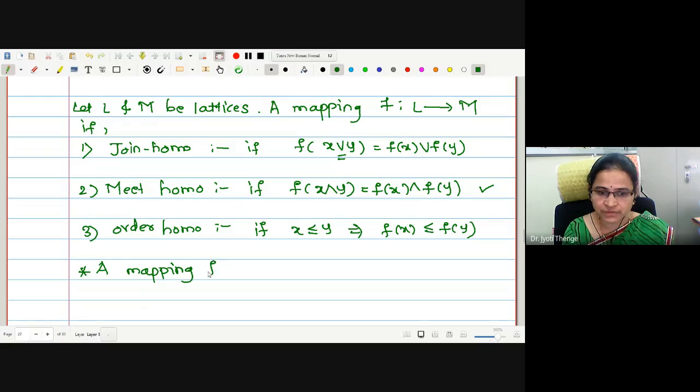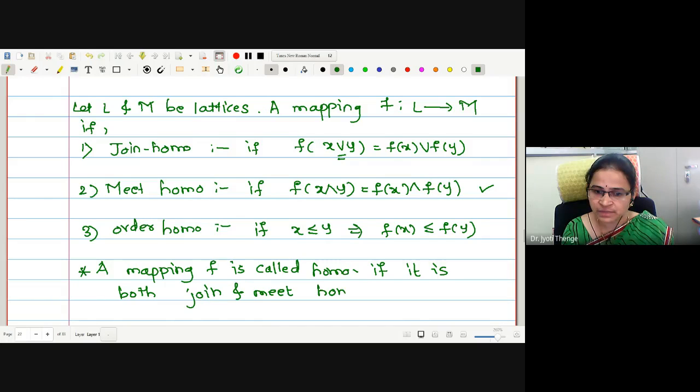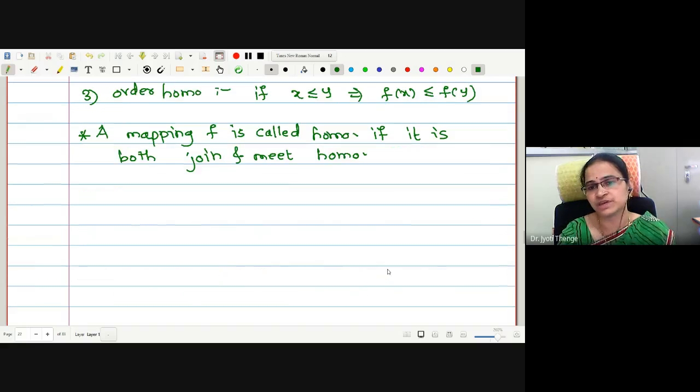This is very similar to a concept in group theory we have studied.